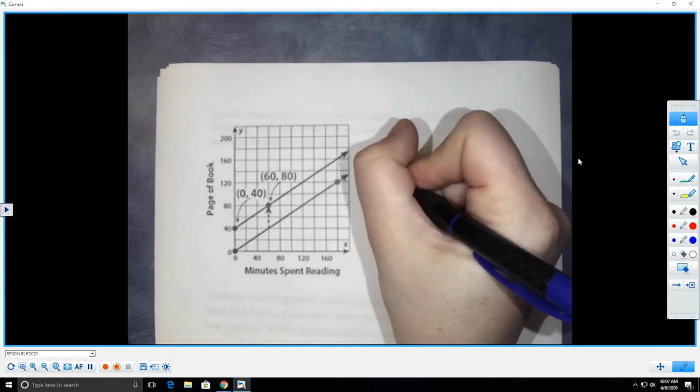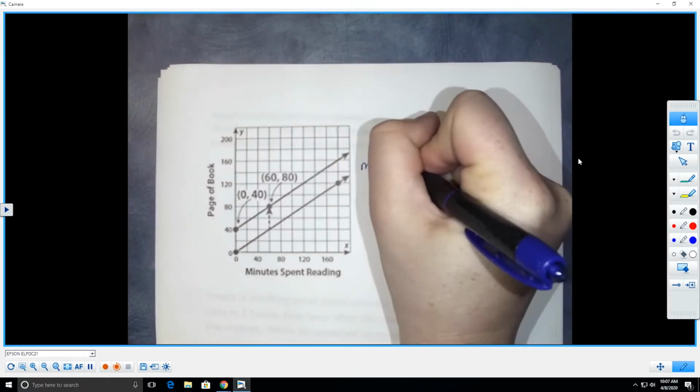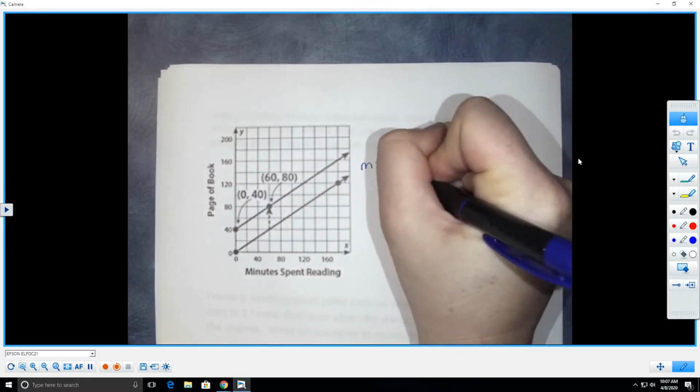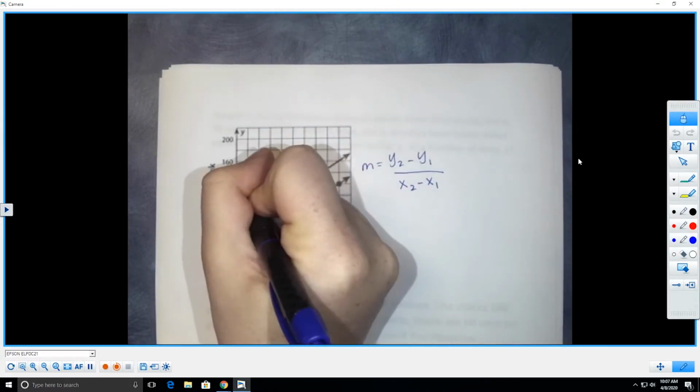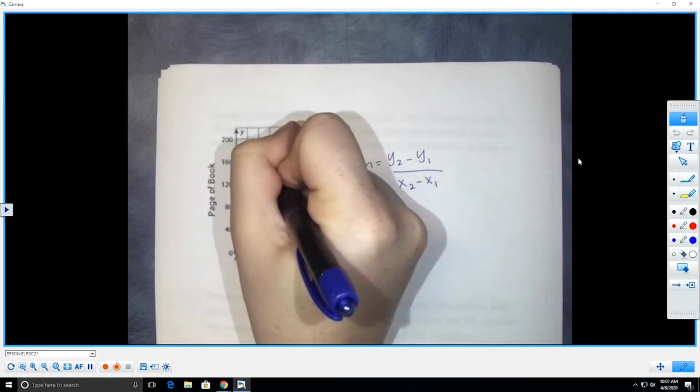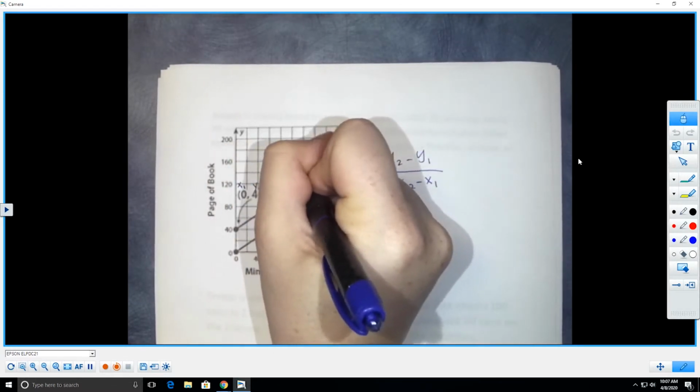Your slope would look like this. Remember, my slope formula is y2 minus y1 over x2 minus x1. So I'm labeling this x1, y1, and I'm labeling this x2, y2.